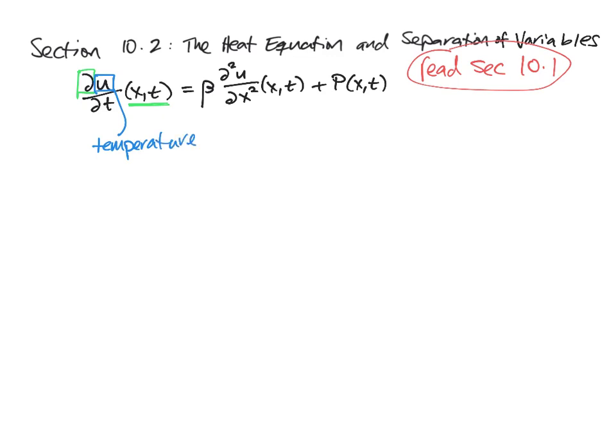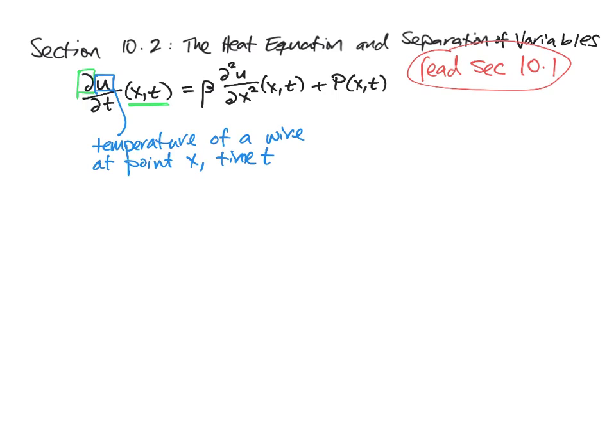So we're talking about a wire because we only want to deal with one spatial dimension. So temperature of a wire at a point x and a time t.